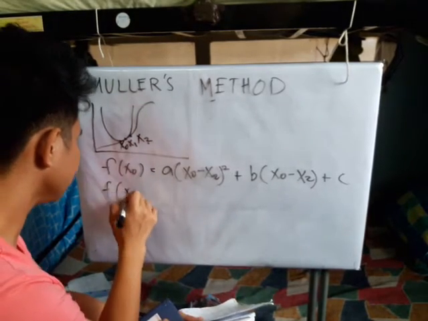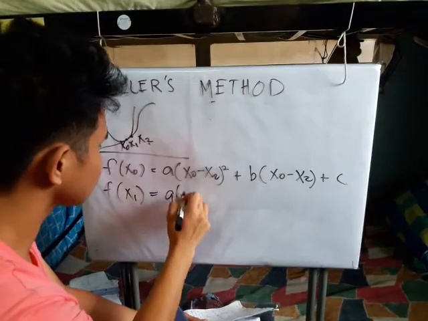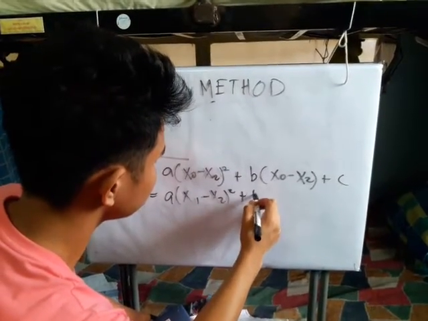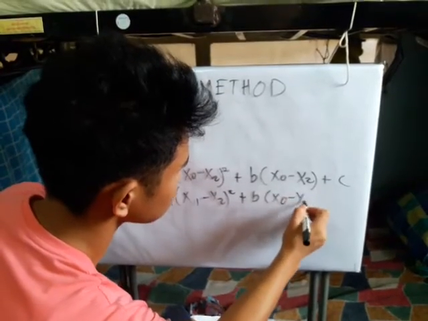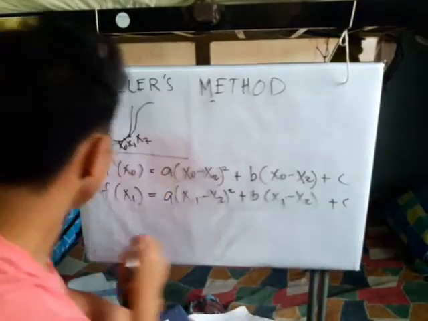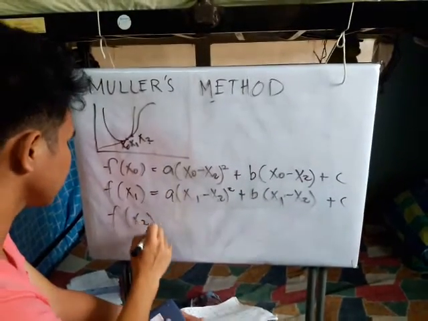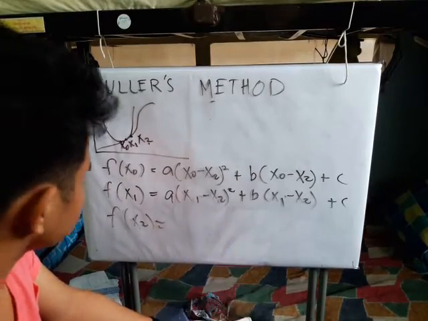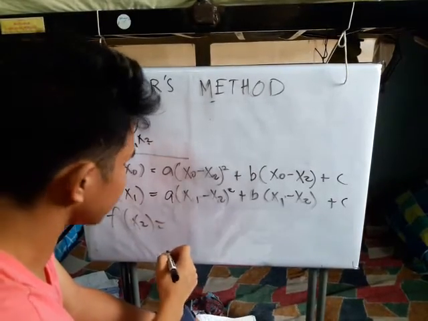So f of x1 is a(x1 minus x2) squared plus b(x1 minus x2) plus c. For f of x2, suppose that x2 will be cancelled out, so f of x2 will be equal to c.